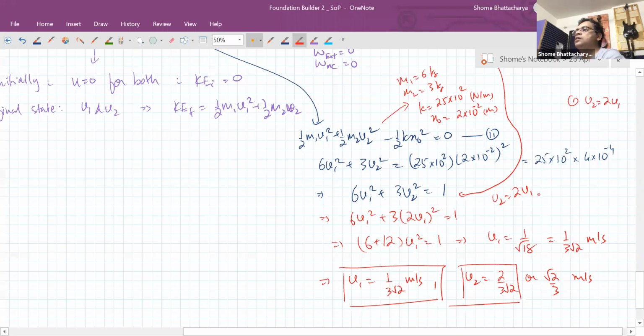This is what we substituted. This is from equation 1 earlier. Okay, so just go through this carefully once.